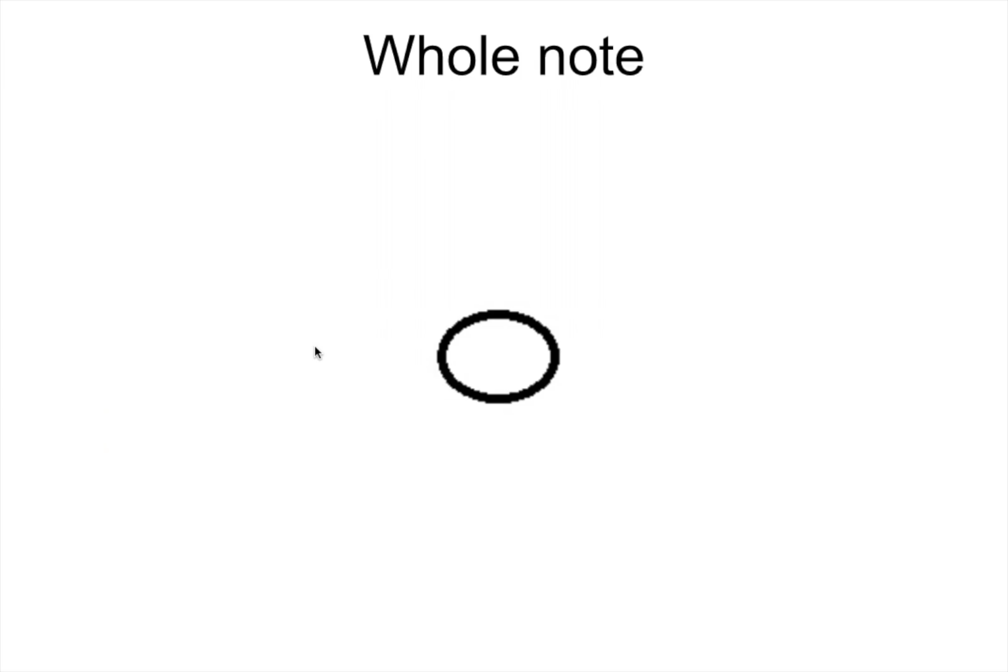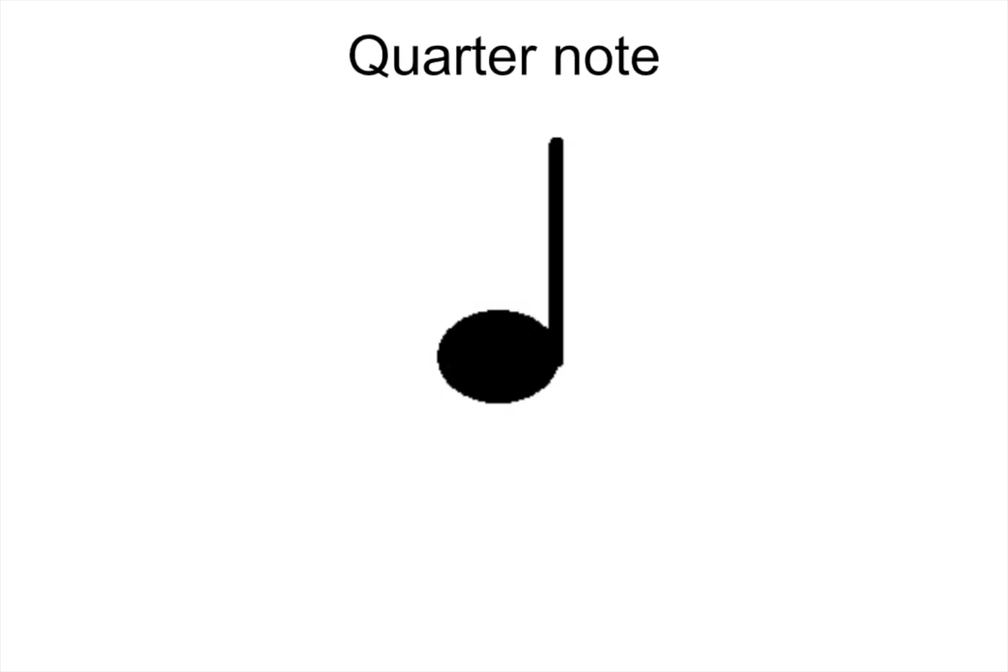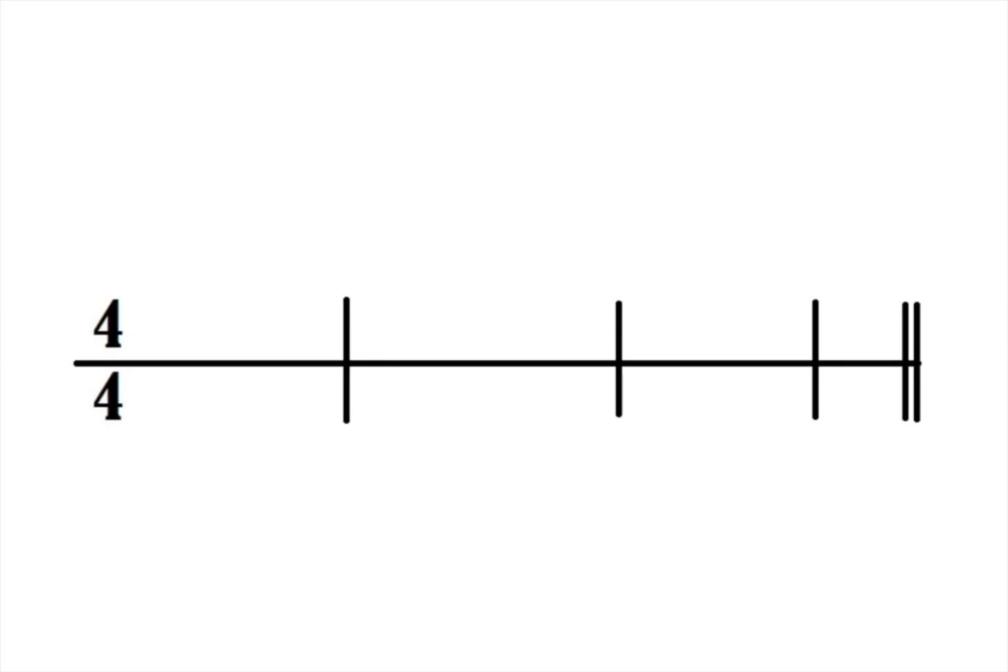In terms of note values, everything is based off of that 4/4 time signature. It's based around that system of 4s. So when you see whole note, half note, and quarter note, remember that's going to be based off of your 4/4 time.